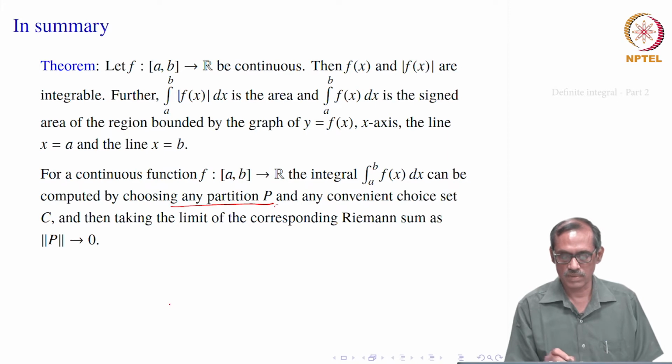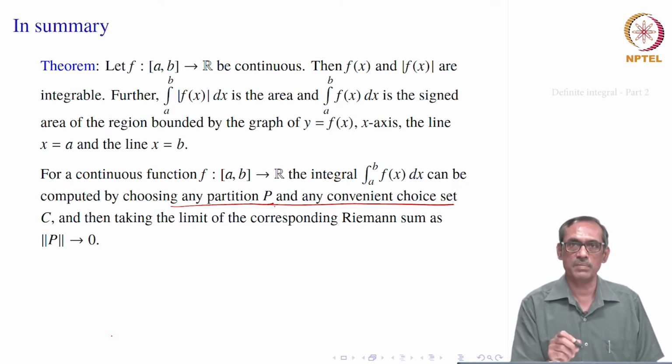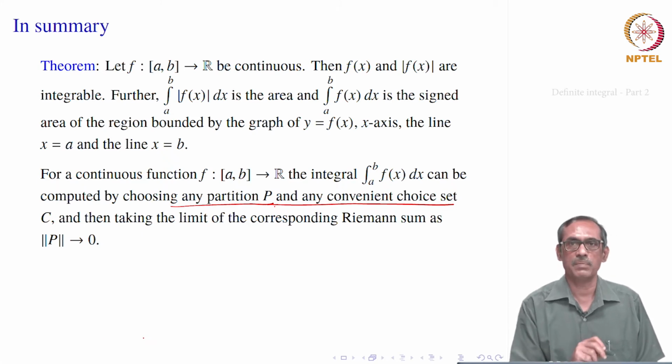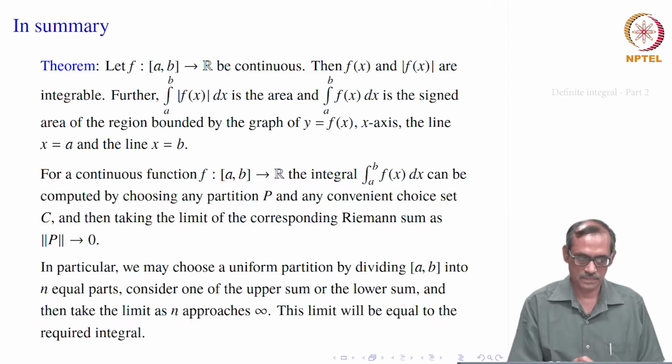That is proved here in the theorem. So, that means we can choose any convenient partition, then inside each sub interval choose any convenient point c_i, then take the Riemann sum and then take the limit as norm of P goes to 0, as each difference between x_{i-1} and x_i goes to 0. So, that is what we do for computing the integral.